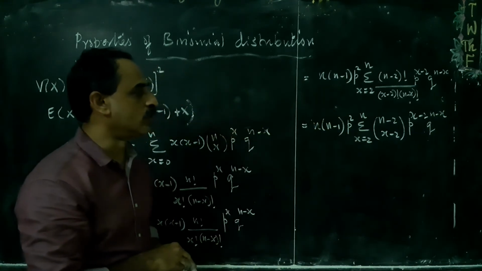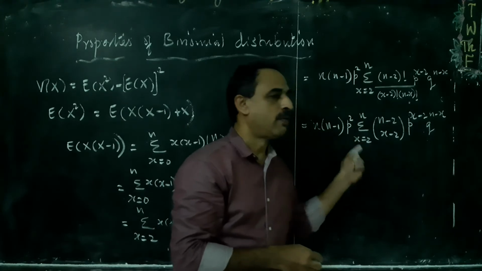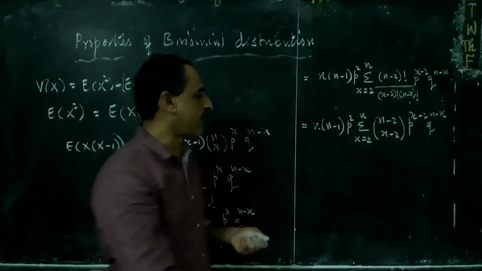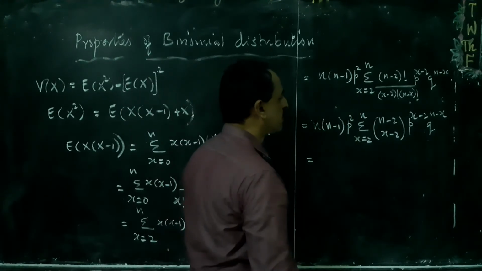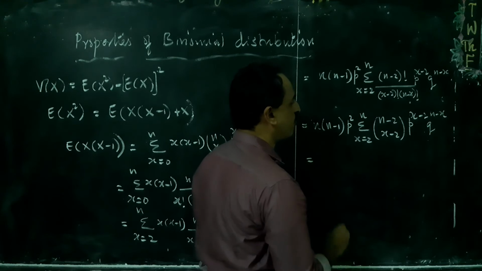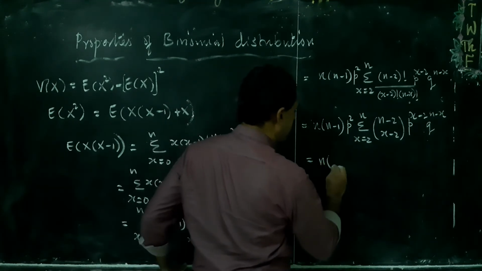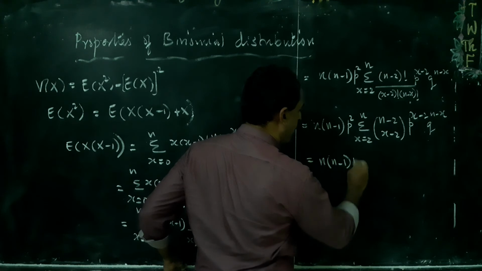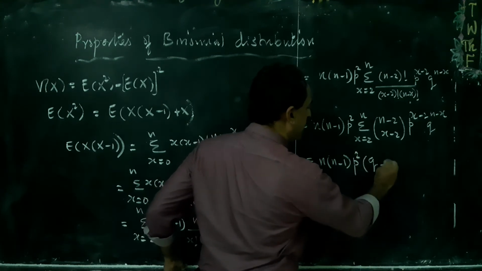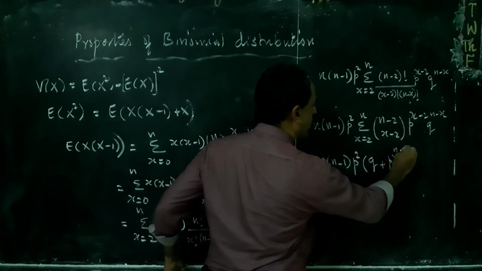Next our plan is to compare this summation with a binomial expansion and show that it is similar to the expansion of q plus p whole raised to n minus 2. That is, we can write it as n into n minus 1, p square, in a bracket q plus p whole raised to n minus 2.